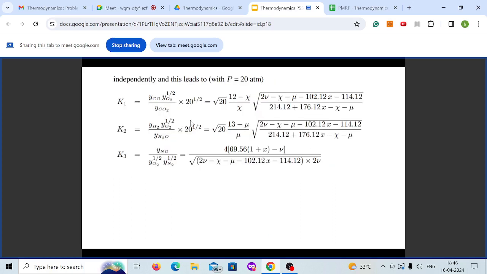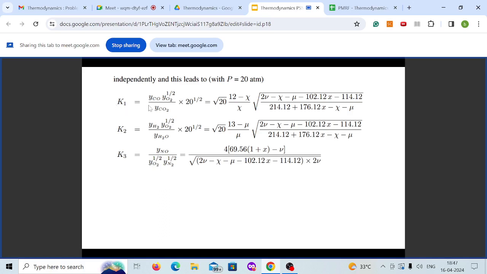So the general expression will be K1 equals the mole fractions of the products raised to the power of their coefficients, divided by the reactant mole fractions, times P by P reference raised to the power of the difference in coefficients of products minus reactants. So this is what you will get.